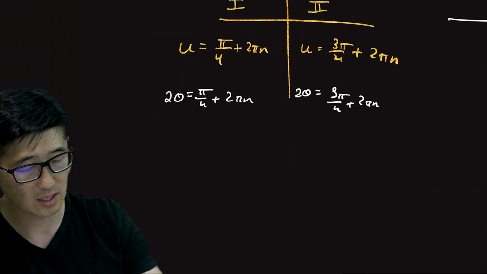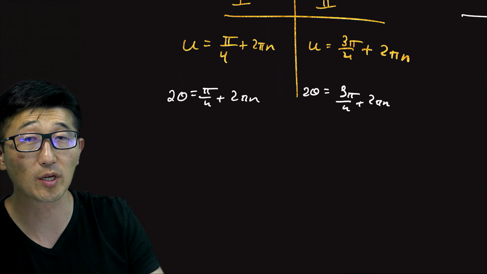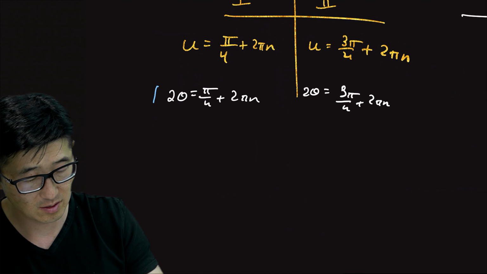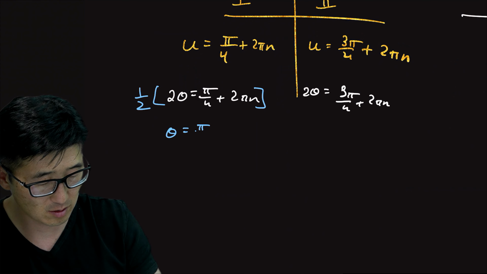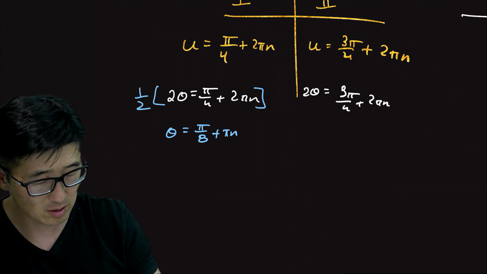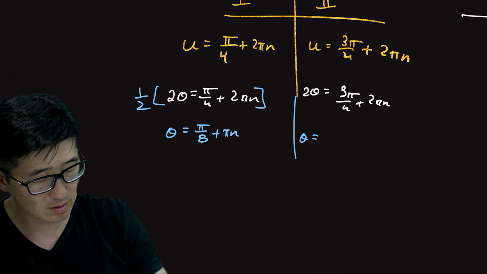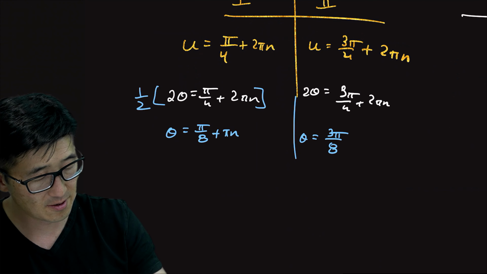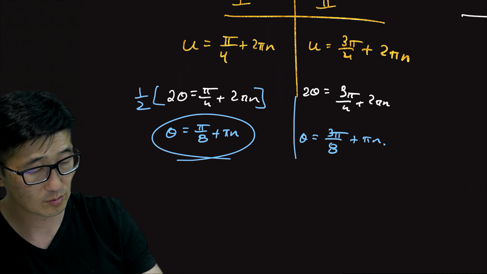Then multiply through by 1/2. So theta is equal to pi over 8 plus pi n. And then theta is equal to 3 pi over 8 plus pi n. There we go.